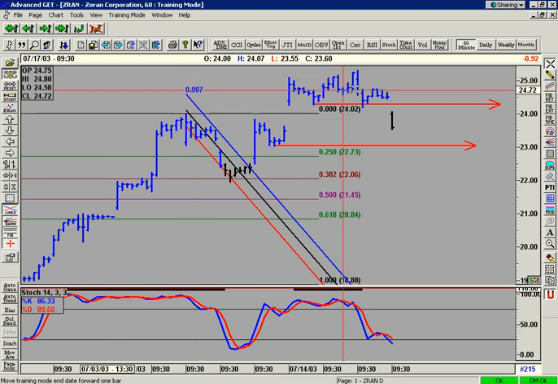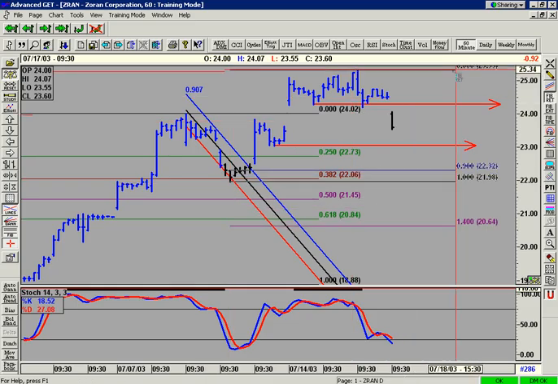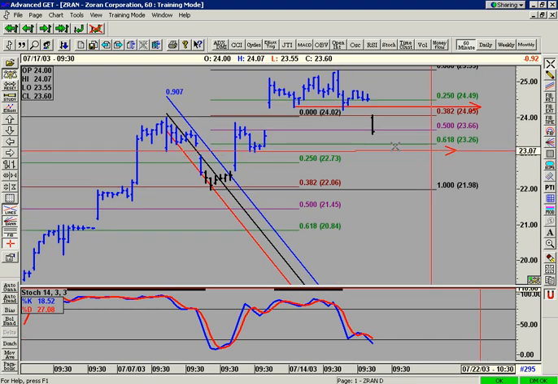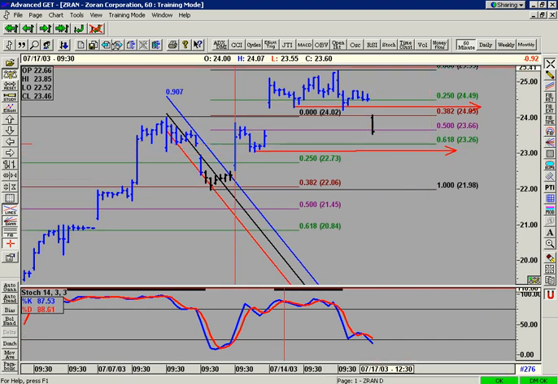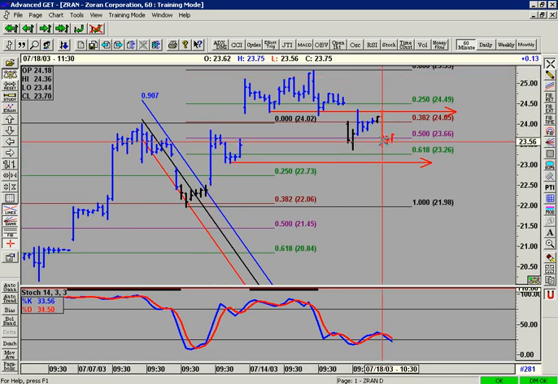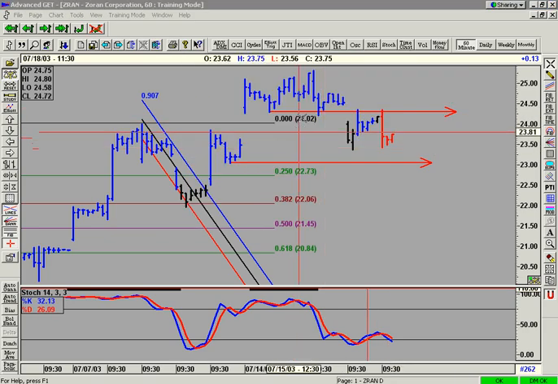Well, there's still the possibility that this is just going to retrace again. I'll throw on our Fibonacci retracements again here. We haven't gone beyond the 618 retracement, but there we have a red bar. So at this point, all bets are off as far as continuation to the upside.